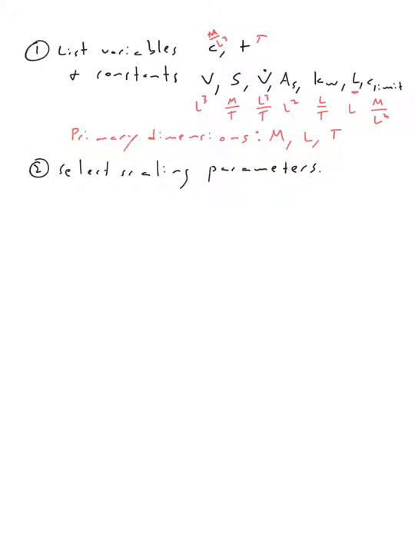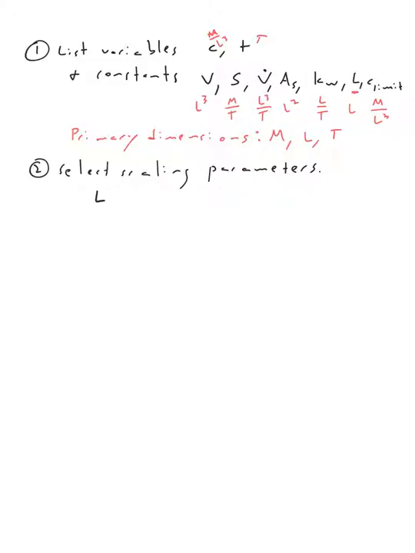The easiest one is the room length L. We need something to cover length. We would prefer something simpler to something more complex, so we prefer L to V cubed. Now we need to cover M and T. So how are we going to cover M and T?